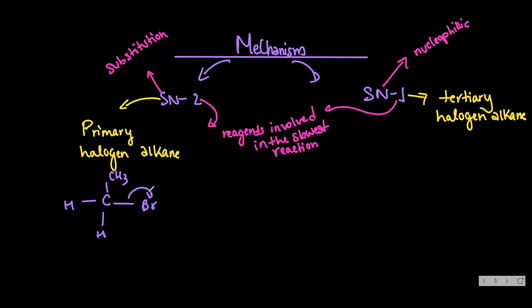Who is more electronegative? Br is. It's going to take the electron towards itself: delta negative here, delta positive here. Initially, the carbon-bromine bond is polarized due to the electronegativity difference between the bromine and the carbon atom, because this is a larger nucleus and this is a smaller nucleus. This pulls the electron towards itself, making it negative and the carbon positive. Now, there's a nucleophile.